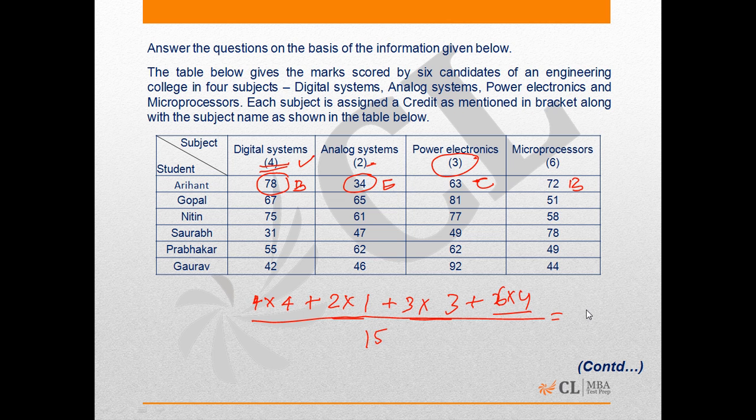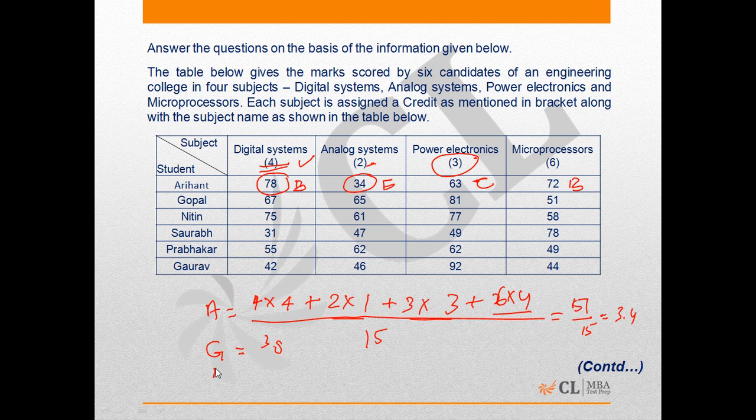Therefore his CGPA is 51 upon 15. This is equal to 3.4. This is CGPA of Arihant. Similarly, we can find the CGPA of Gopal, and it is equal to 3.8.